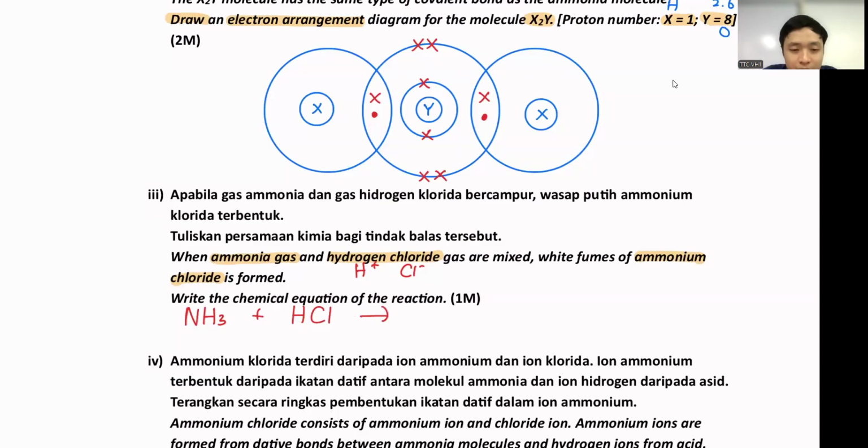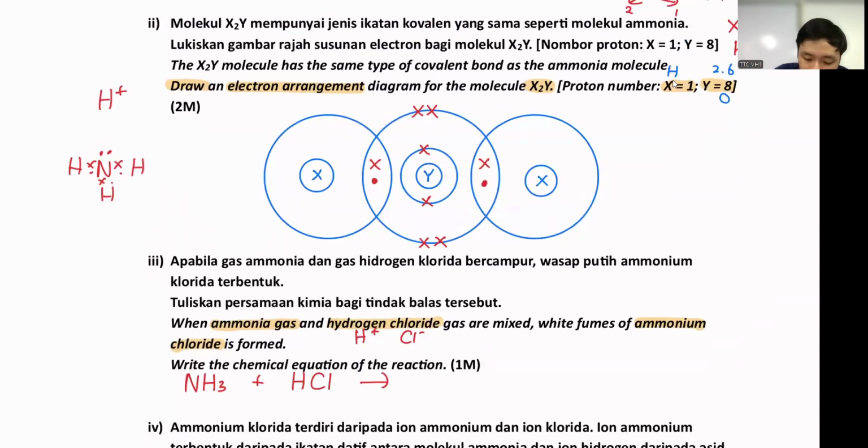Now what happens is, in this case, it will form. Now because actually between, let's say, this NH3, this one is your NH3. Between NH3 and hydrogen ion, because N is 2.5, after share 3 electron to H, isn't it, you got 2 more extra valence electron that is unused.